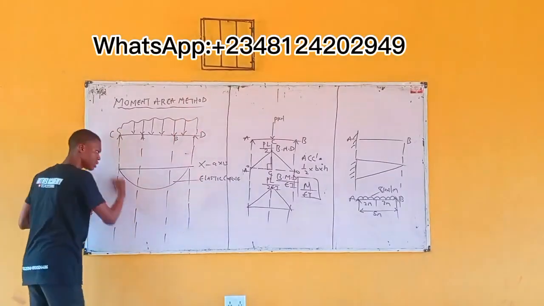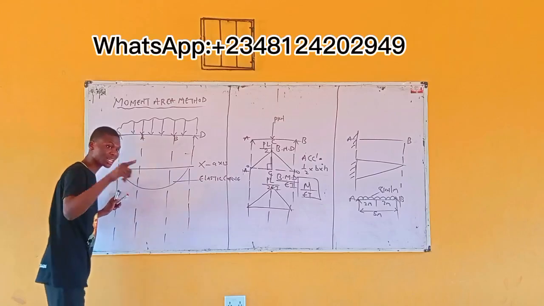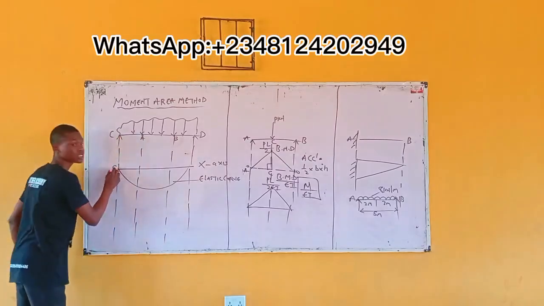Right? Now, from here, this is my elastic curve, right? And why am I showing the elastic curve? Because from that theorem, we made mention of what? Elastic curve. Okay, this is C, right?